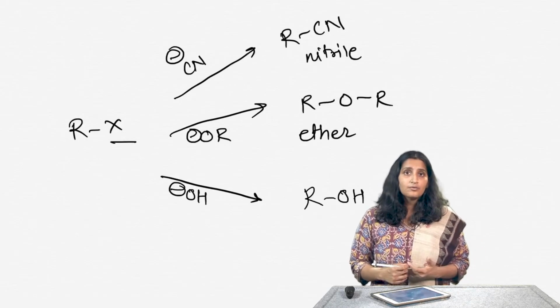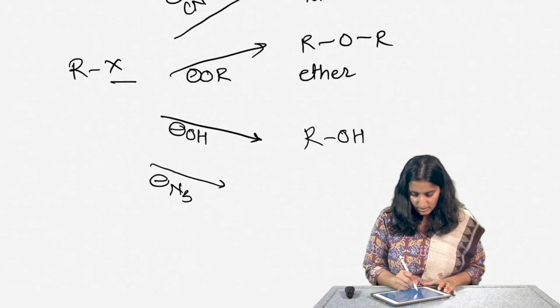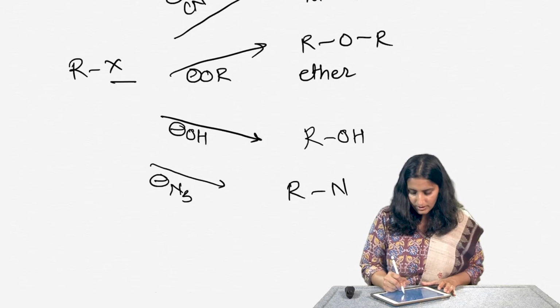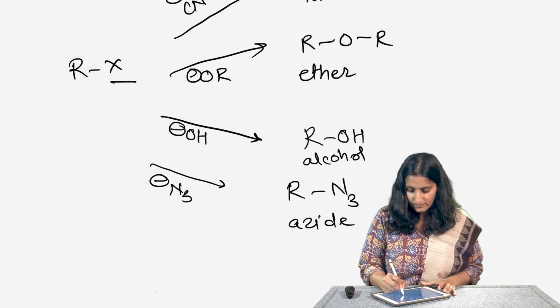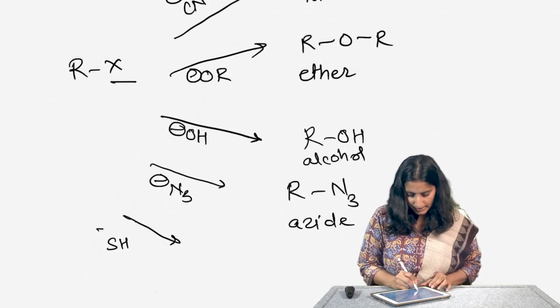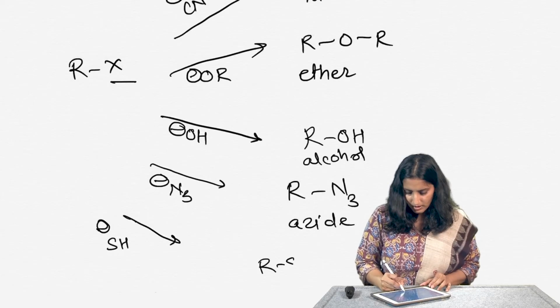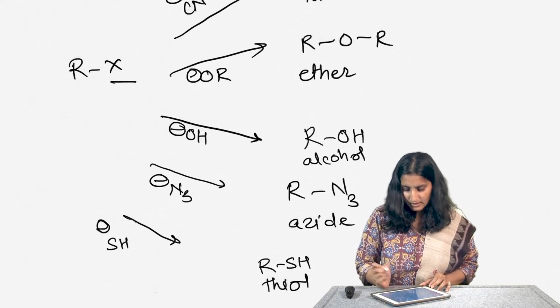If I react it with an azide, N3 minus, then I can convert it to the corresponding azide functional group. I can use a good nucleophile like SH minus and convert it to a thiol, right.